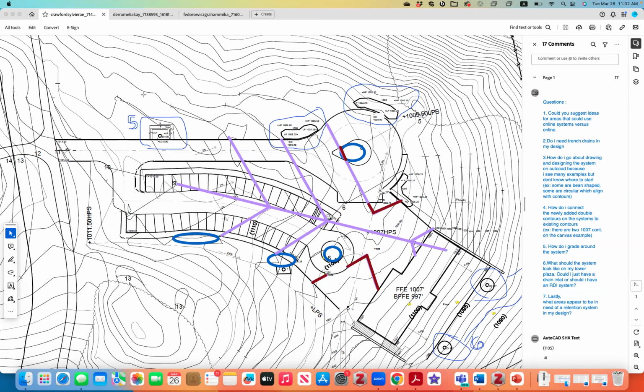Let's see, what's the purple here? Purple should be somewhere here. That's where the original one is. So I'm gonna draw with the other color. Those are the ones that should be on the, so that is correct. Okay. So we don't have another one, so this is a closed contour.